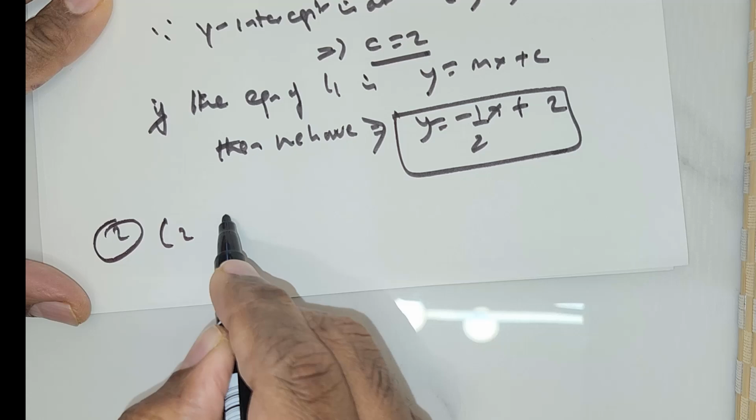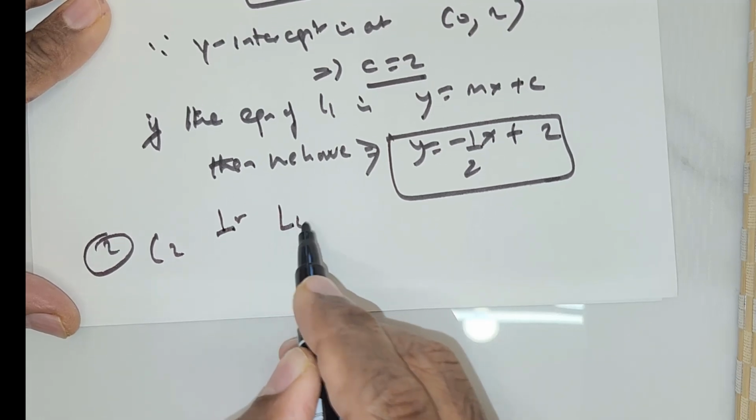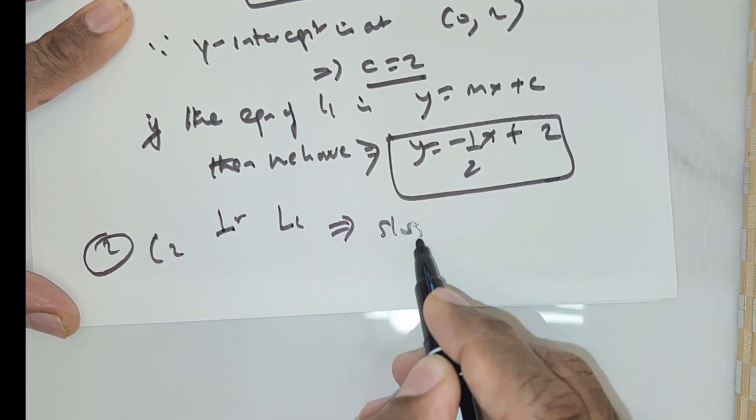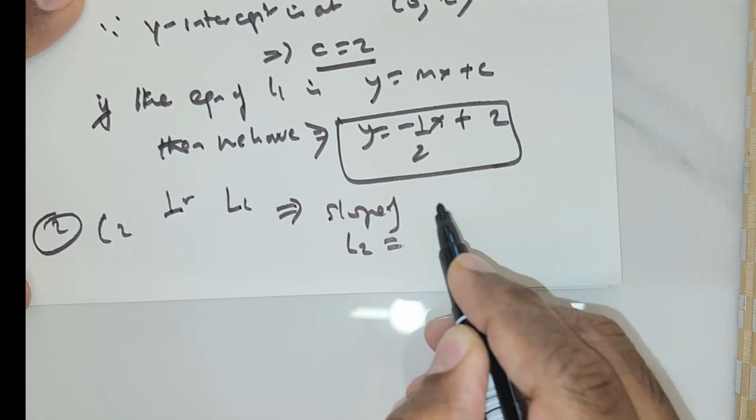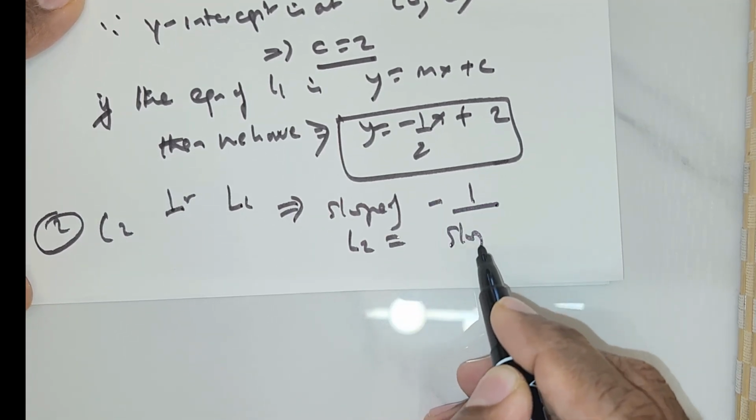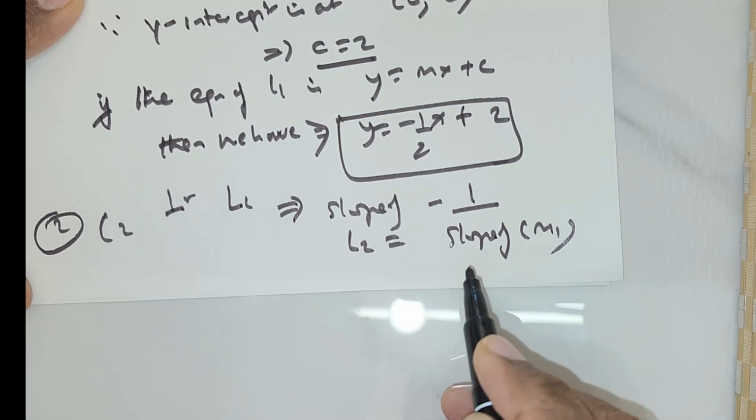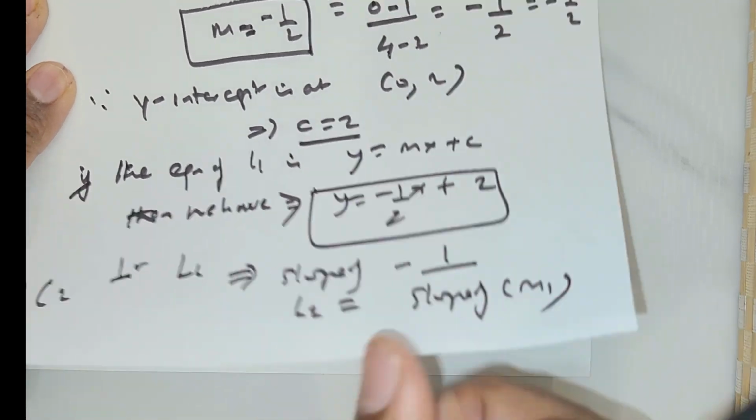Okay, now this is the second part. Now L2 is given to be perpendicular to L1. So this means the slope of L2 is negative 1 over the slope of L1. So what is the slope of L1? Negative 1 over 2.